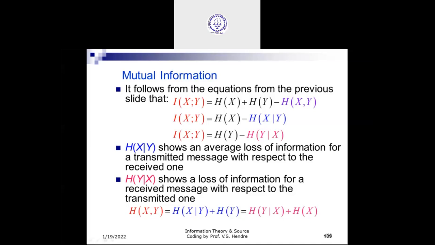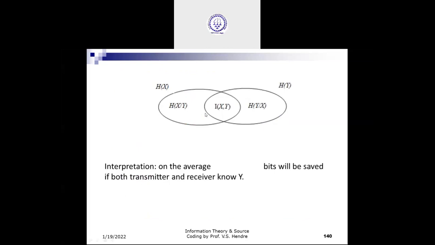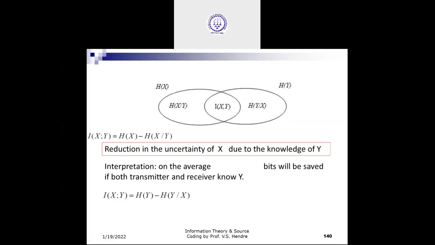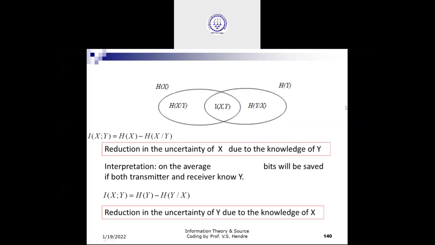So in the example, first we are asked to calculate all the entropies like what we did in the previous example, and then based upon the entropy knowledge we can calculate the mutual information of that particular channel.